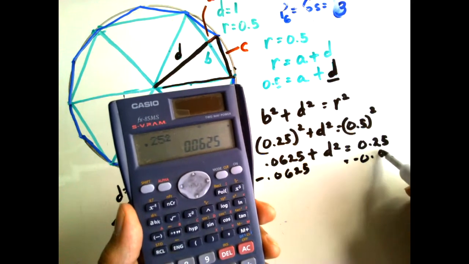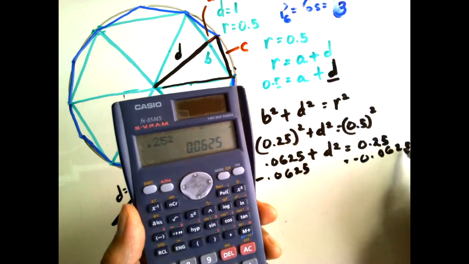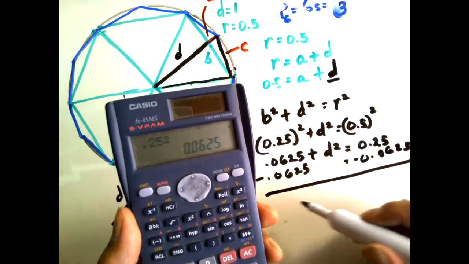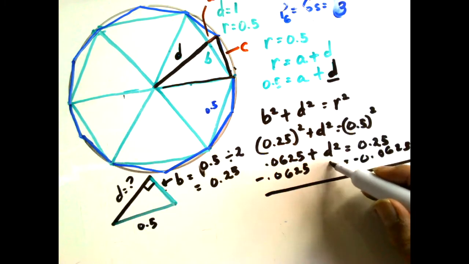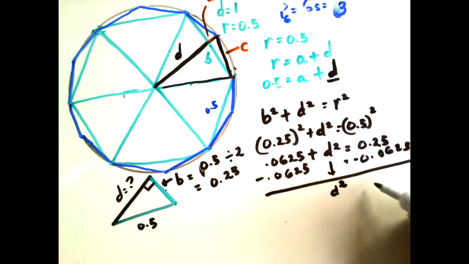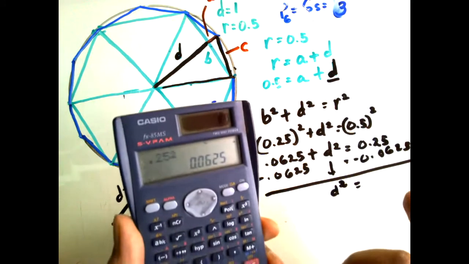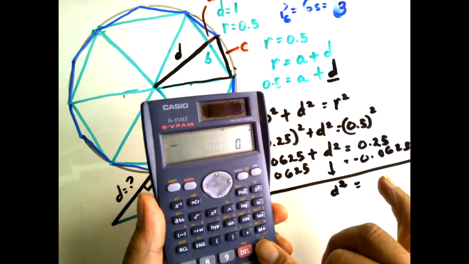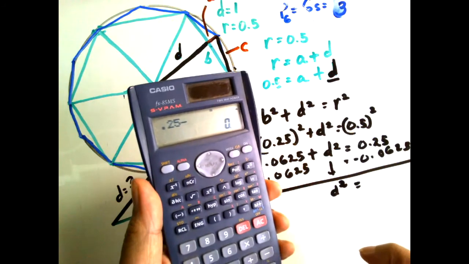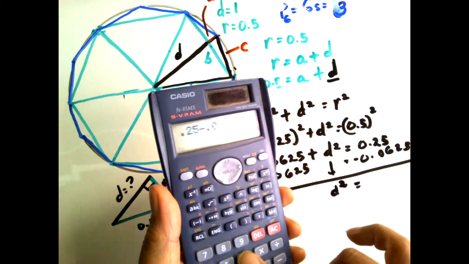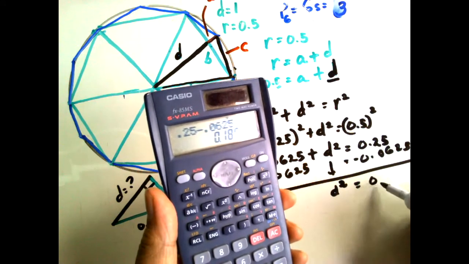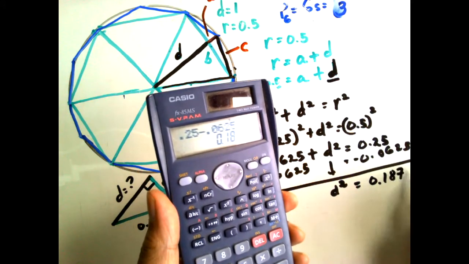0.0625. So this one cancels, that becomes a 0. We bring down D squared. And so 0.25 less 0.0625, and your answer is 0.1875.